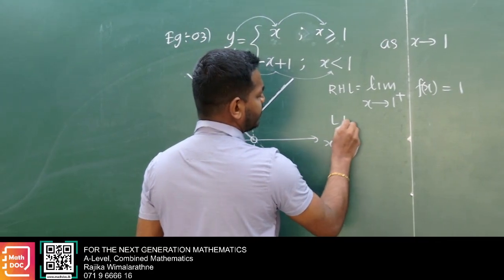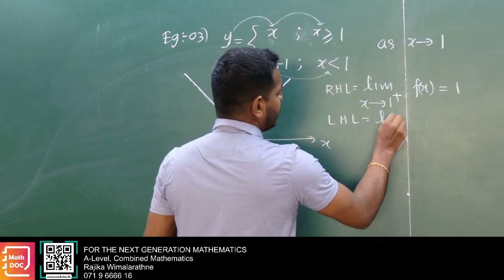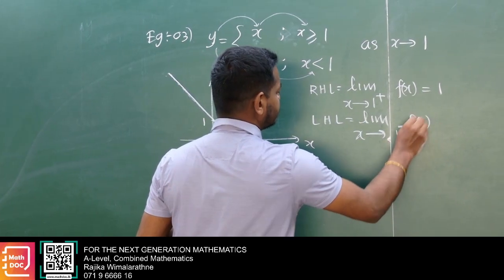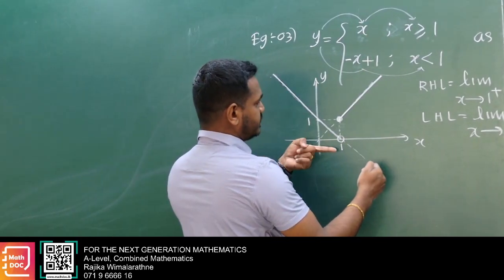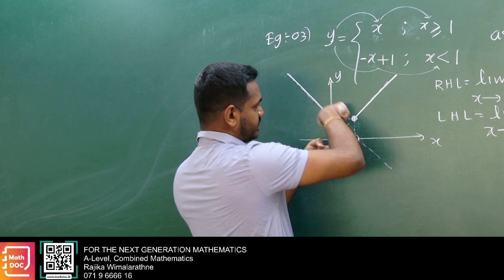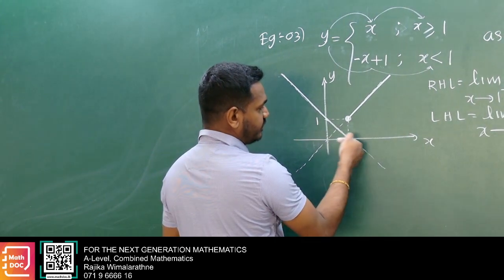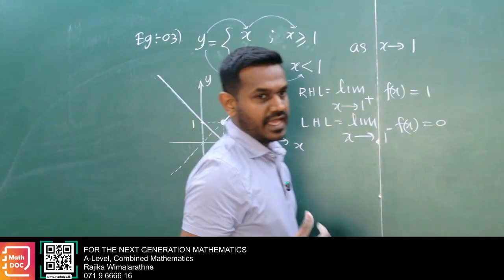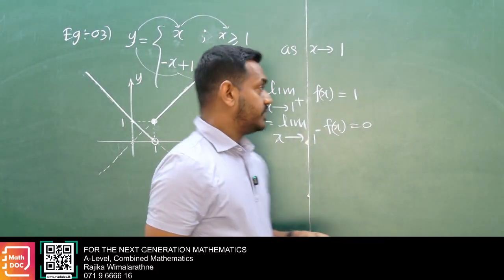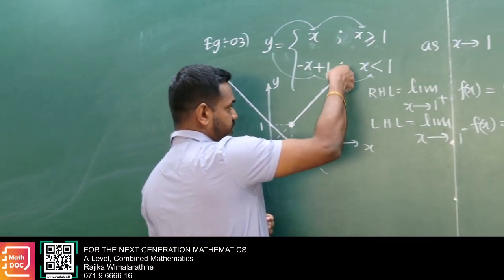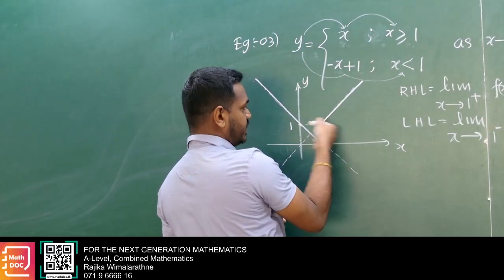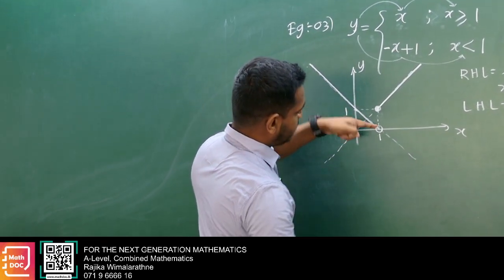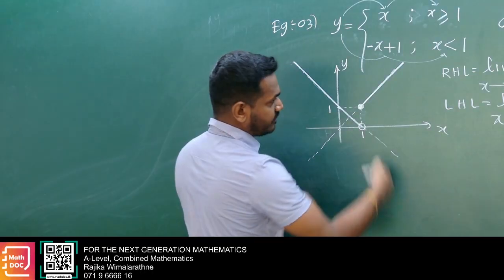The left hand limit as x arrow 1 minus of f(x), 1 minus side. So it moves towards like this, then the corresponding y value is 0. So you go along this curved line and at the end point you check the y value, it is 1. You go along this line, at the end point you check the y value.